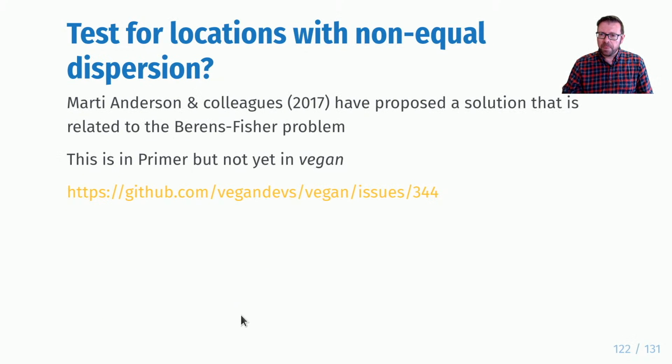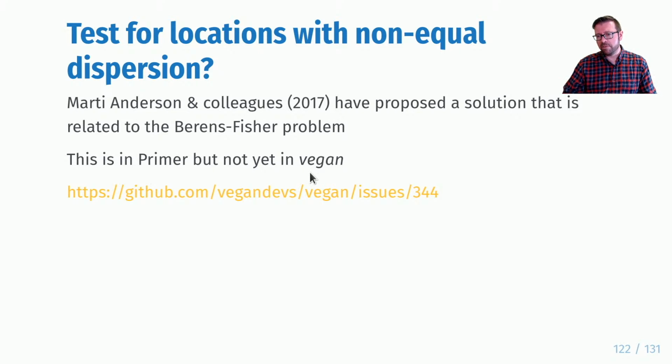Okay, now we don't really have a solution to this dispersion problem. Marti Anderson and colleagues in this 2017 paper have proposed a solution that's related to the Behrens-Fisher problem in economics, I think. Now, from what I understand, this new thing that Marti has invented is only available in Primer.